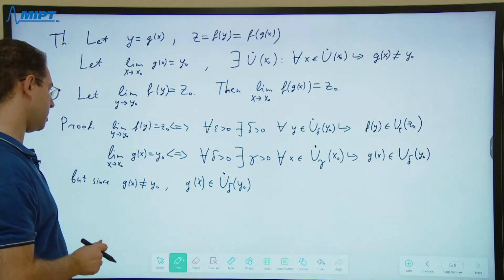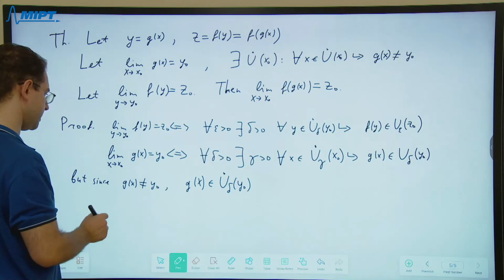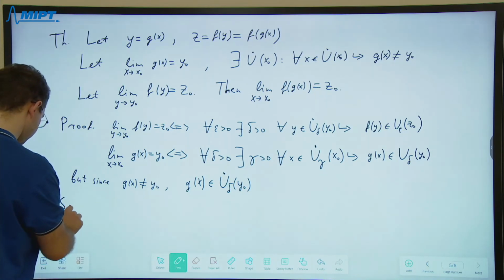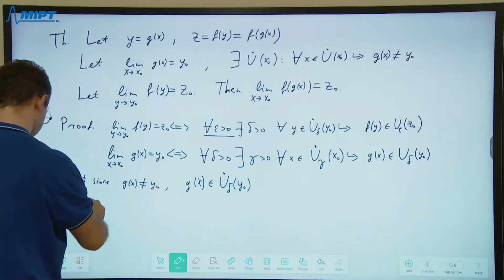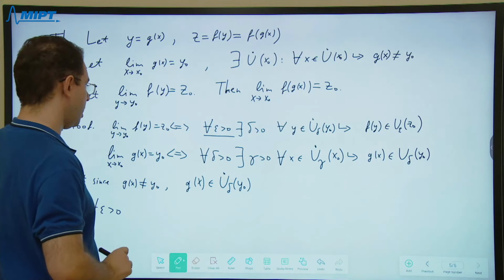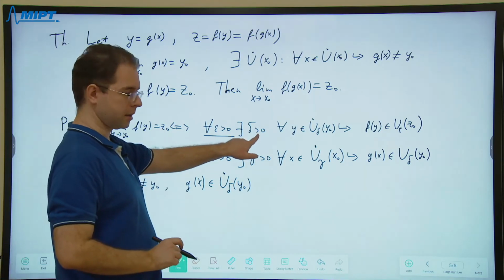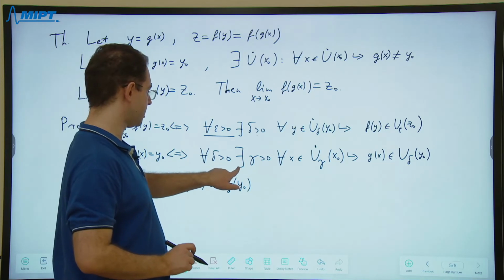So I'm combining those three statements, three lines. So for any epsilon greater than 0, there exists delta, and for any delta, there exists gamma.